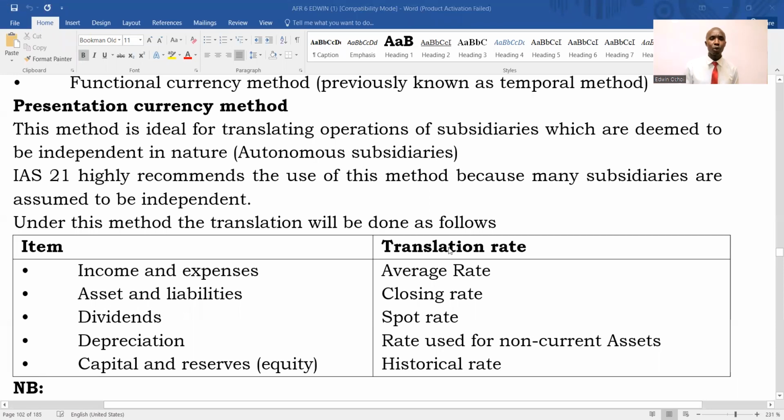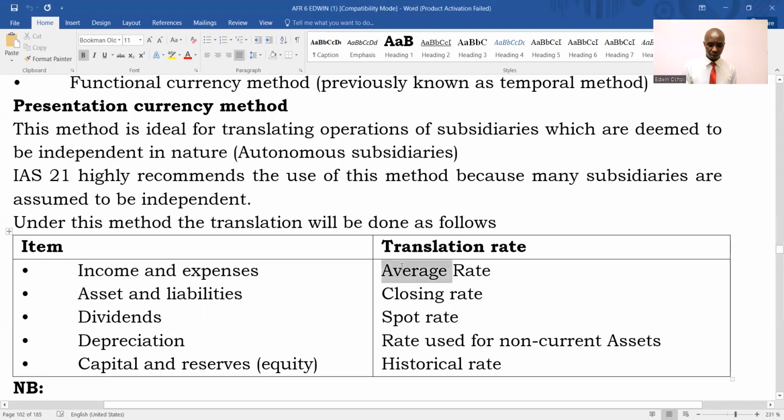How will you be able to identify that this is an average, this is a closing rate, this is a spot rate, and this is a historical? For the average, you will be told that this is an average. That one will be direct.